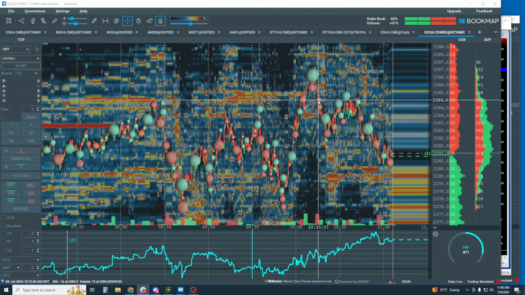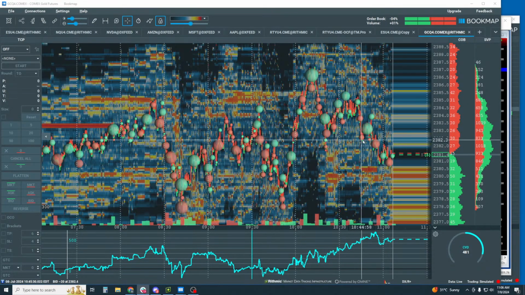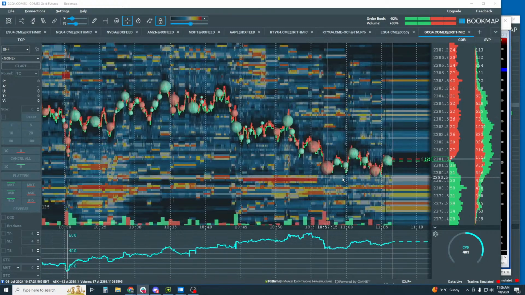Yeah, pretty back and forth. Not really seeing a whole lot in gold here at the moment, but I would look for it to trade into this liquidity here, basically.